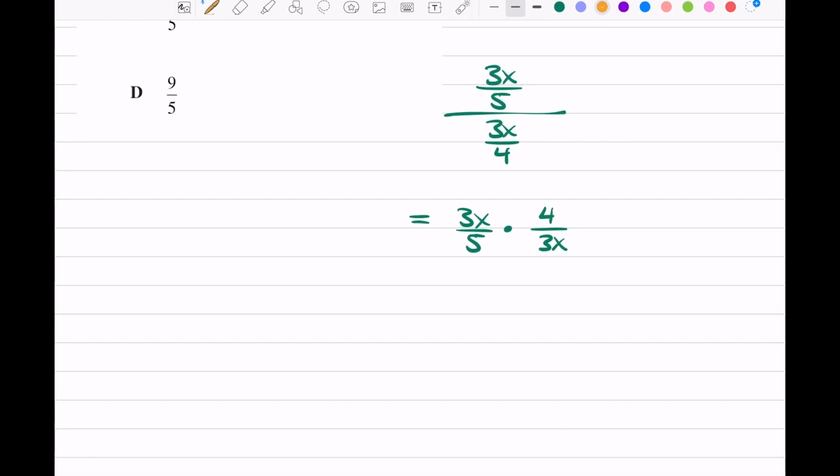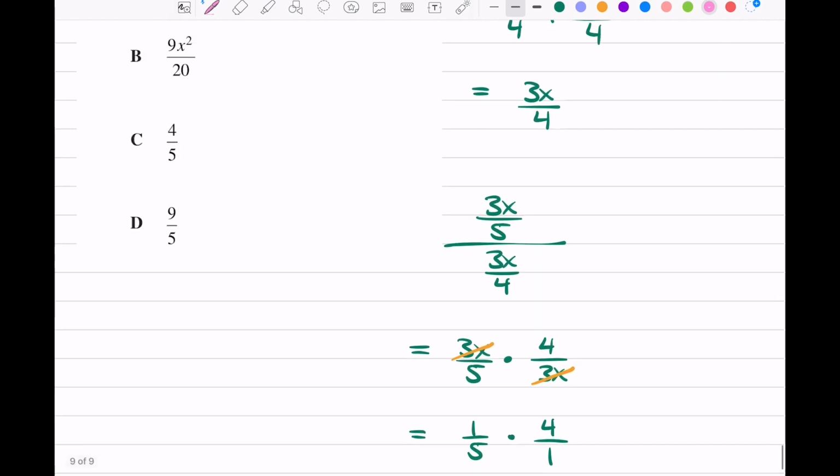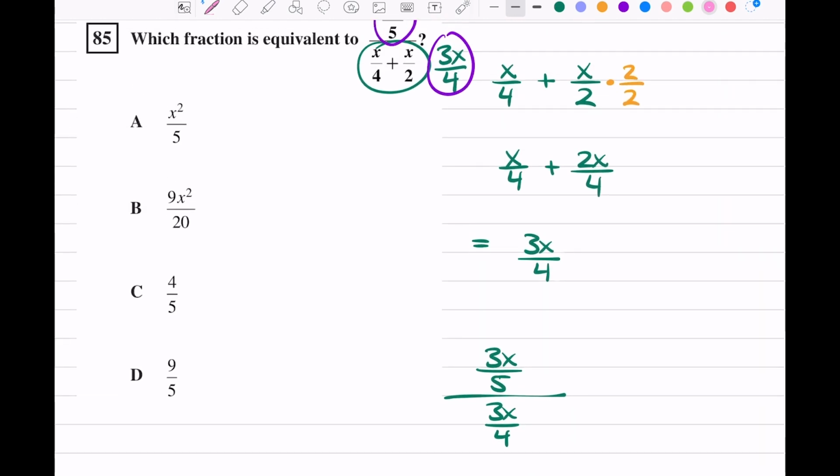Let's see if we can cancel anything out. We see a 3x on top and 3x on bottom. Our first fraction becomes 1/5, and our second becomes 4 over 1. Multiplying these two, we get 4/5. And looking at our answer choices, we get option C.